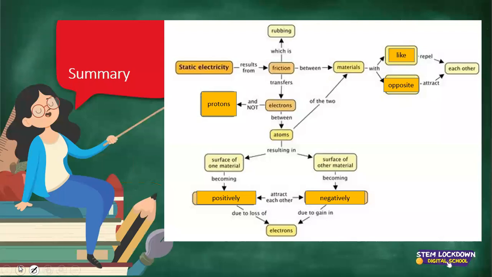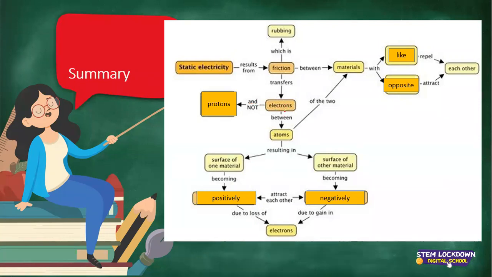To recap everything using this concept map or mind map: static electricity results from friction. Friction is caused by rubbing. Friction transfers electrons and does not transfer protons.